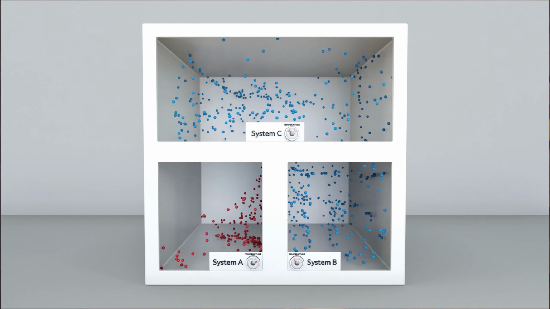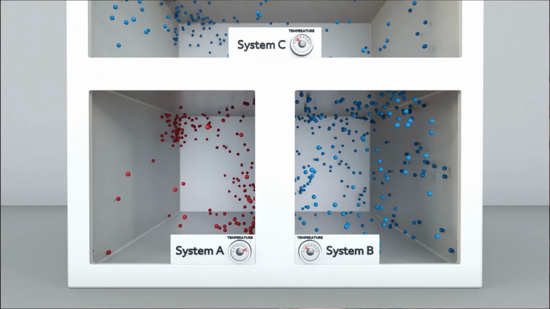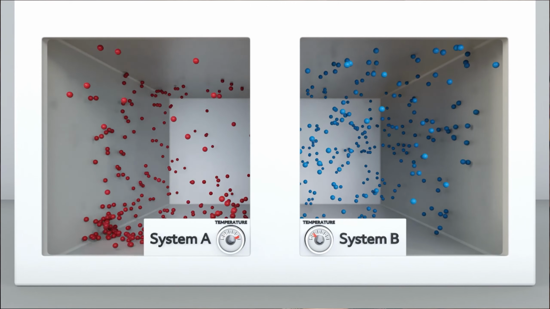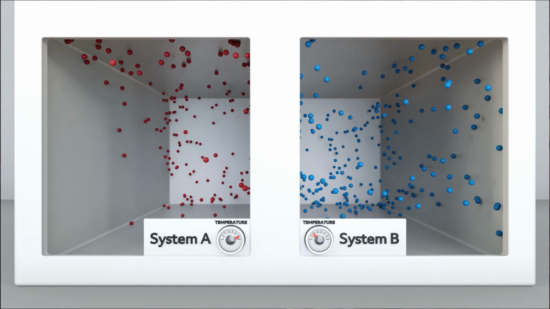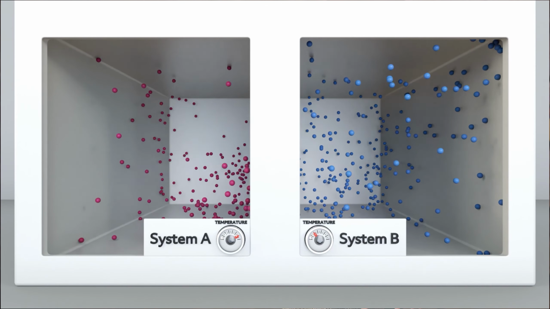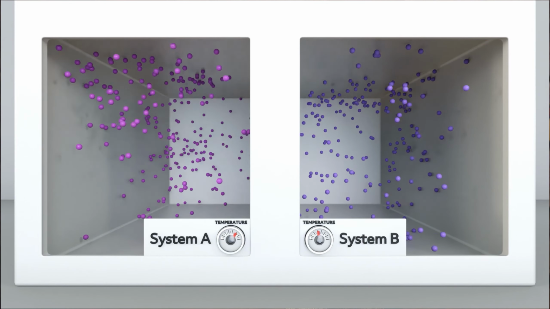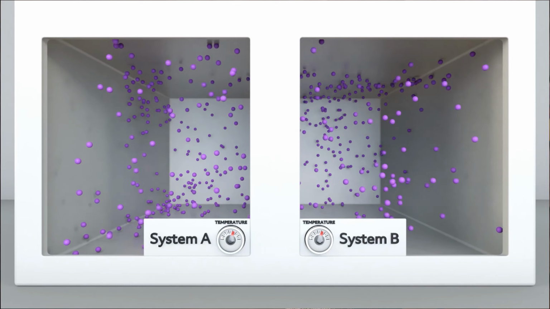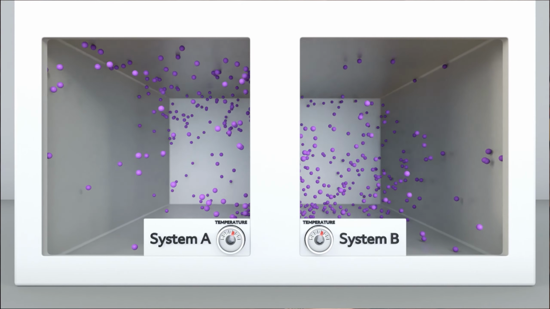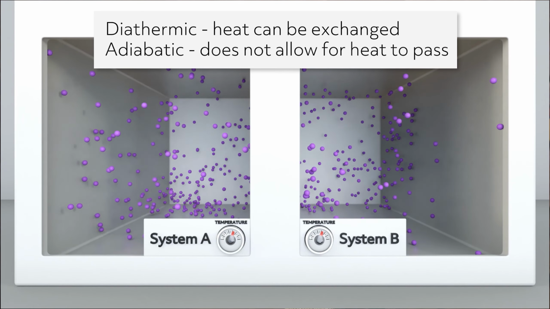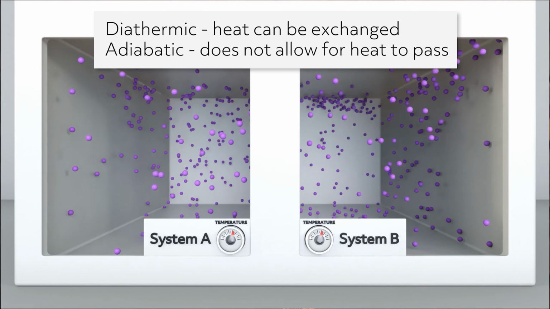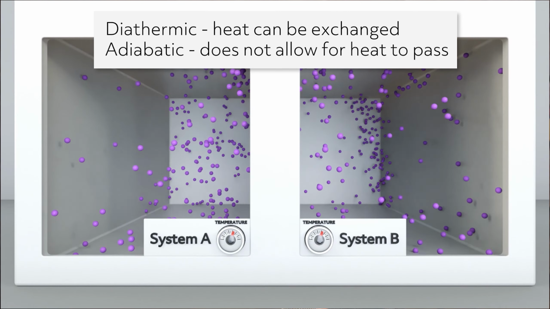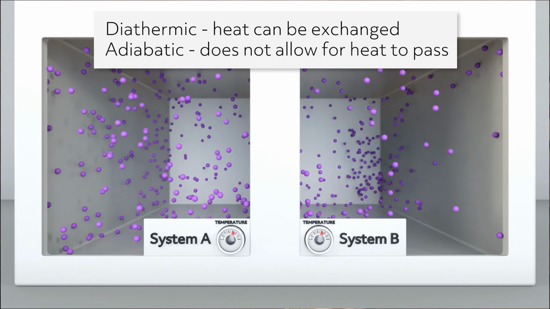Let's take a look. Let's say that you have 2 systems, A and B, that are connected to each other with some sort of barrier between them. Well, the heat or energy of A will transfer over to B, or vice versa. The energy of B will transfer over to A. This is assuming that the wall is diathermic, meaning that heat can be exchanged, as opposed to an adiabatic wall, which would not allow for heat to pass.